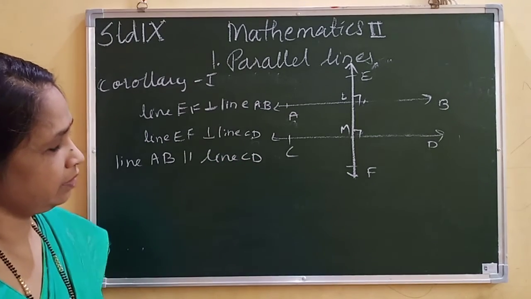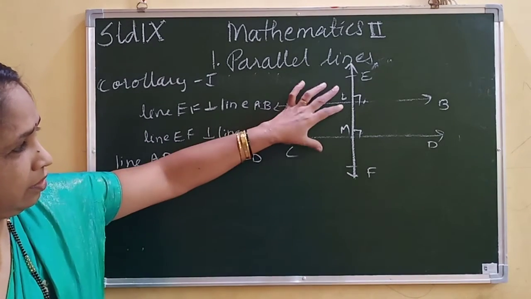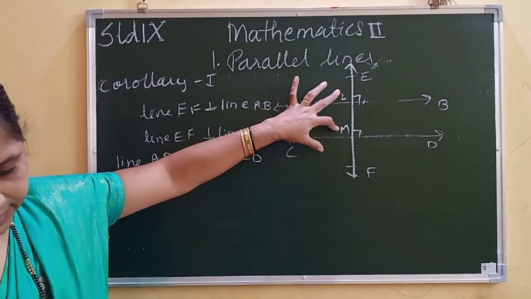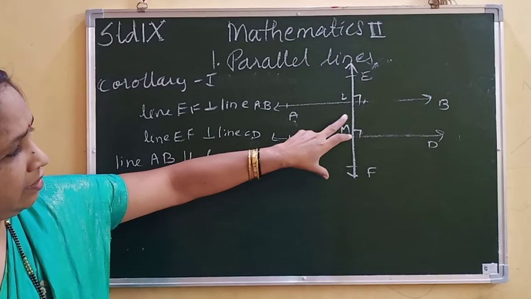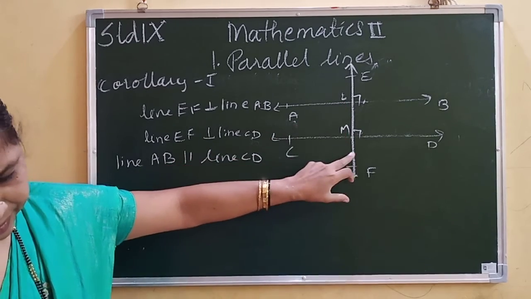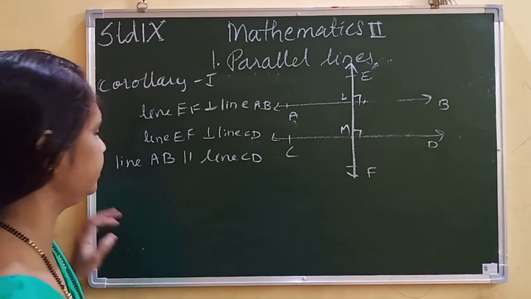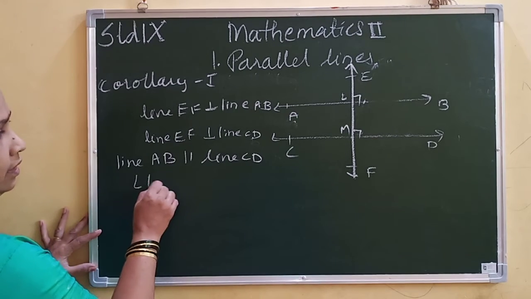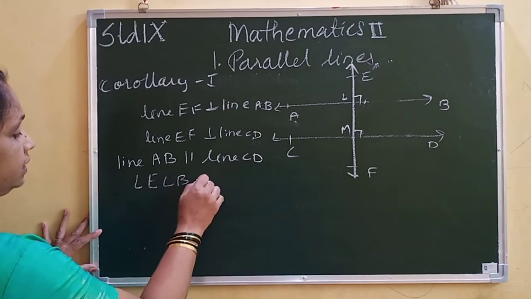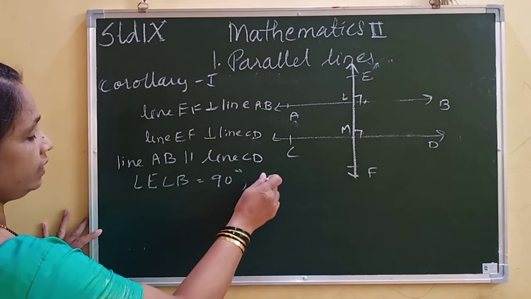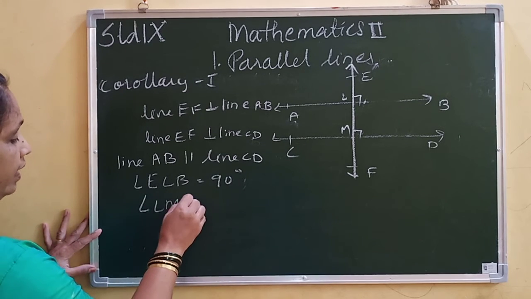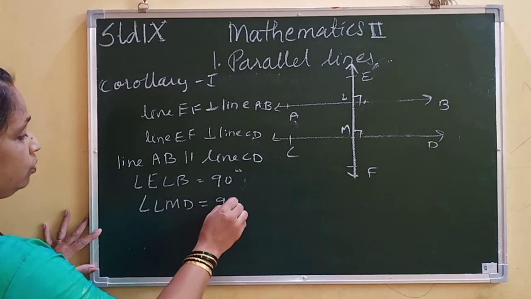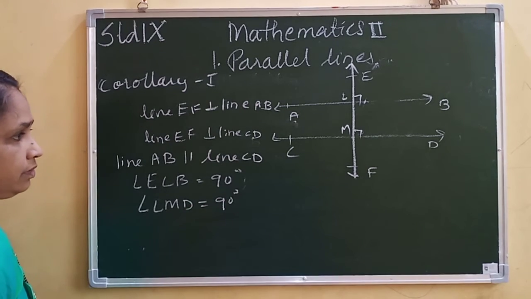Now see, here you have got this. So what it said, angle ELB and angle LMD is 90 degree. Angle ELB is equal to 90 degree and angle LMD is equal to 90 degree.